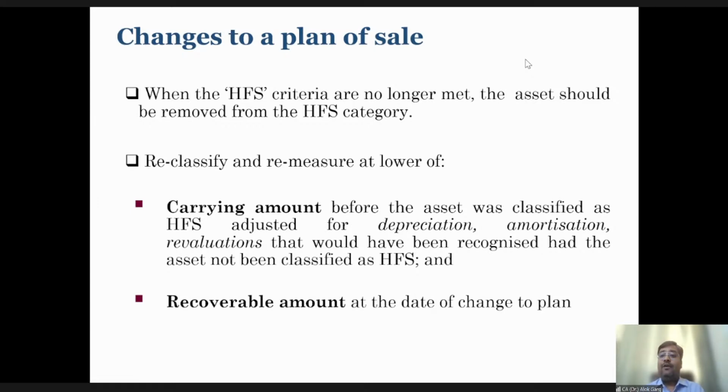Soham is asking, sir, what is the notion behind writing off goodwill first in the CGU or in the disposal group and then others? Soham, what is goodwill? Goodwill is a fictitious asset. Goodwill is a reputation. It is an image. If there is a business and the business has a good reputation, the value of that business will grow. That business has potential. But if the value is declined, what does it mean?